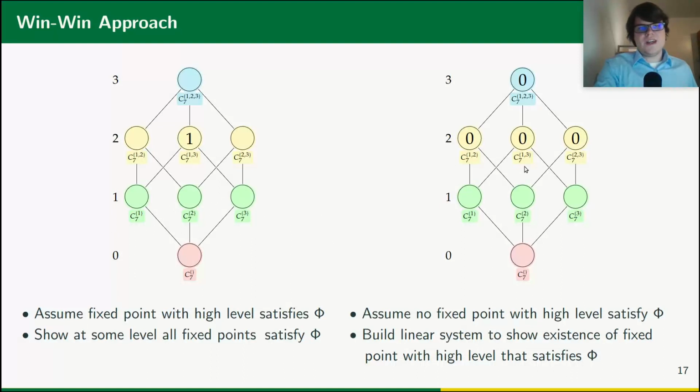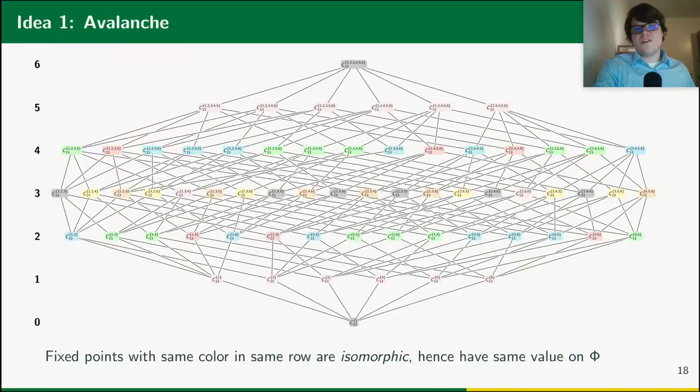And in the second case, we assume that there's no fixed point of high level that satisfies phi, and then we show that we can find a fixed point with non-vanishing alternating operator and high level by using some kind of linear algebra argument, by building a linear system of equations.